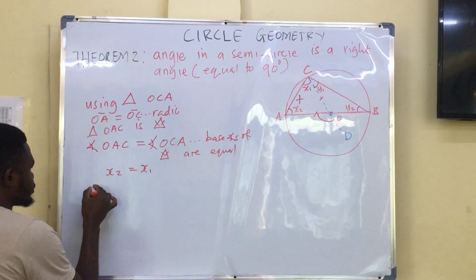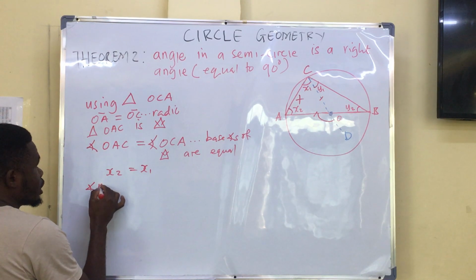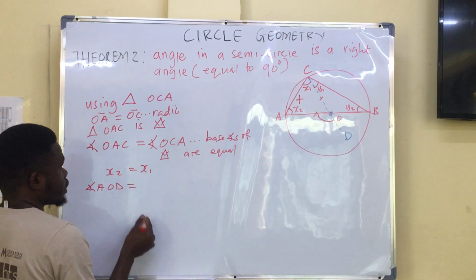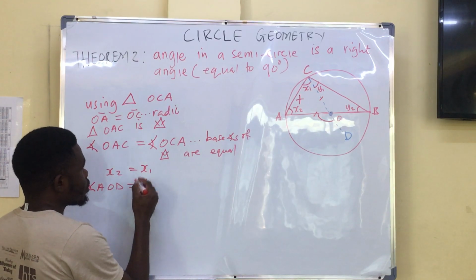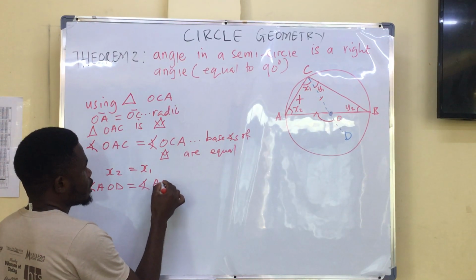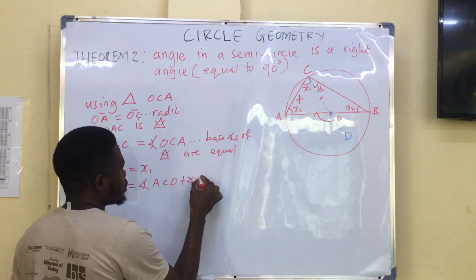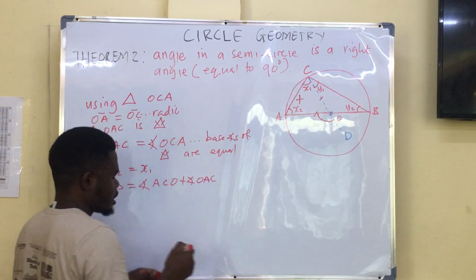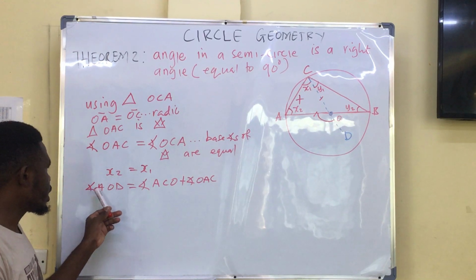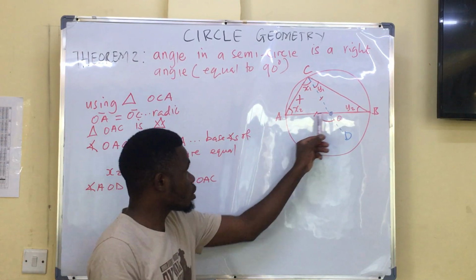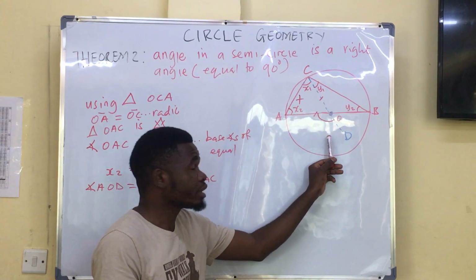We know that angle AOD is equal to what? Angle ACO plus angle OAC. Angle AOD is the exterior angle, right?